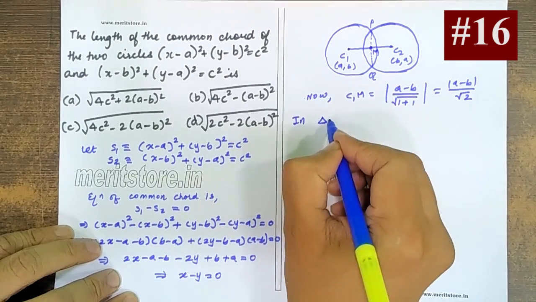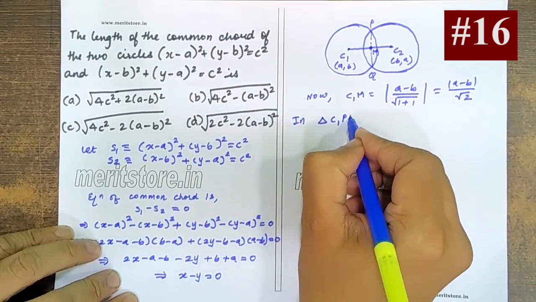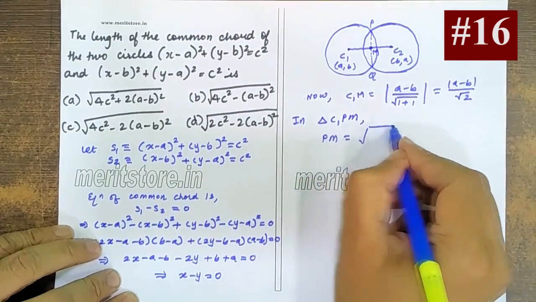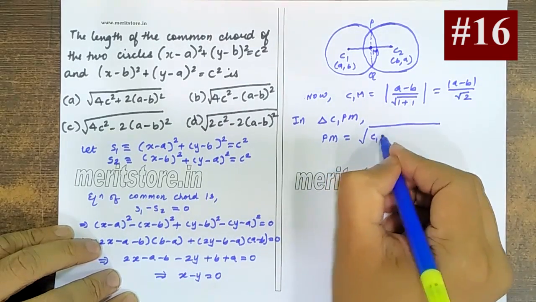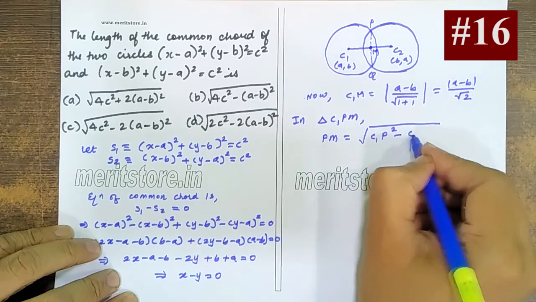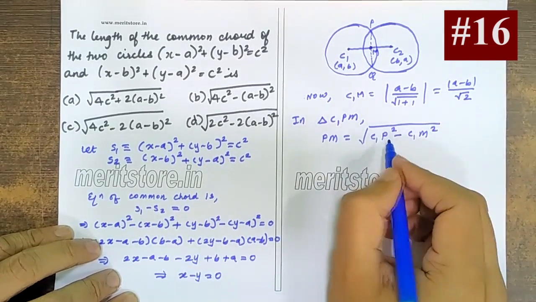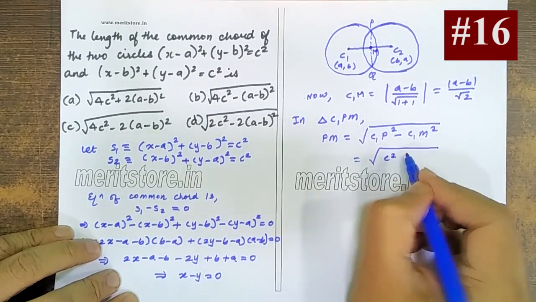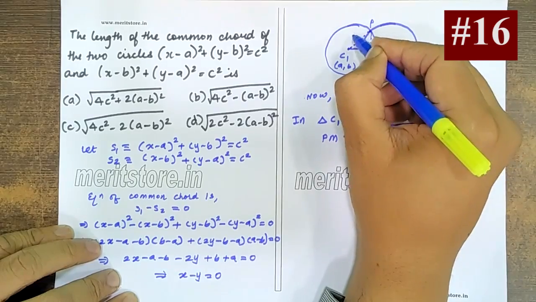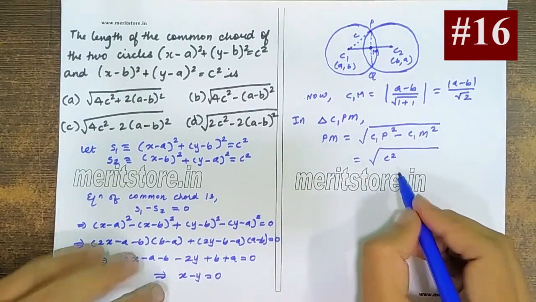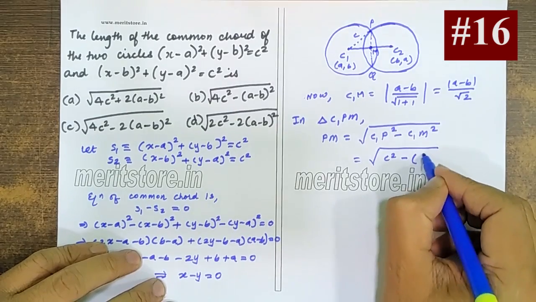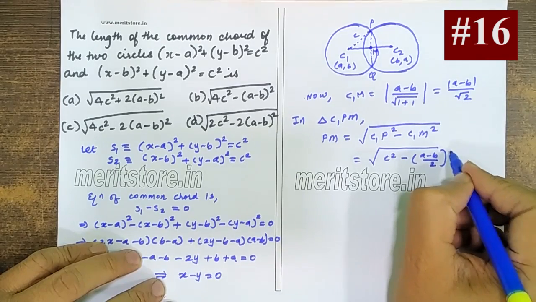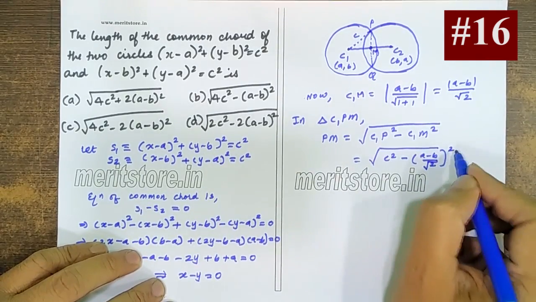Now in triangle C1PM we have length PM is equal to under root of C1P square minus C1M square, that is equal to c square, let us assume that this is c, so c square minus ((a minus b) upon root 2) the whole square.